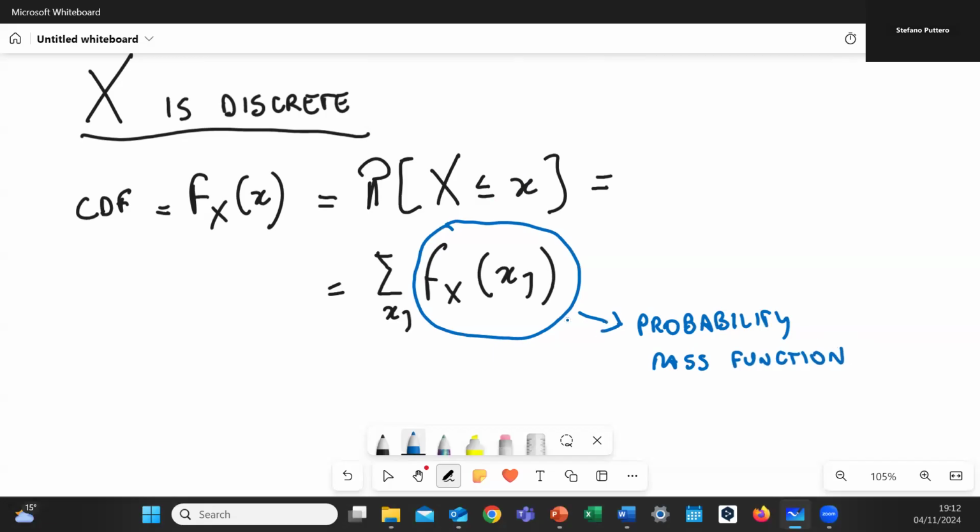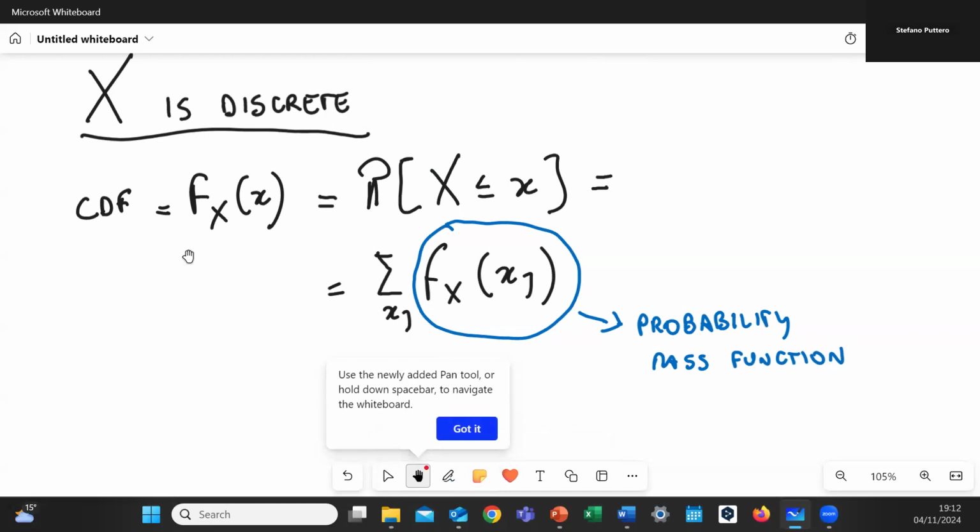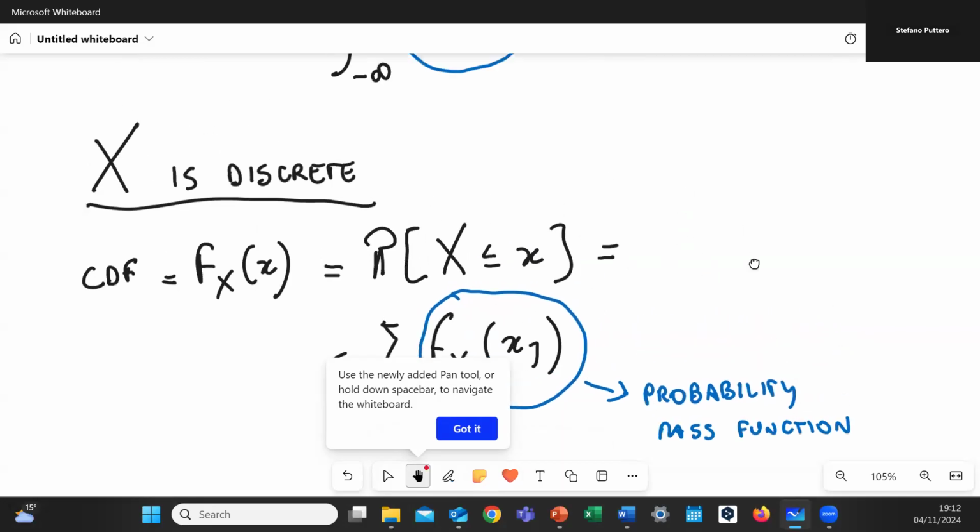So we have two different cases. We have, of course, always the cumulative distribution function, uppercase F of x. For the discrete distribution, it is equal to the sum over each mass point of the probability mass function.